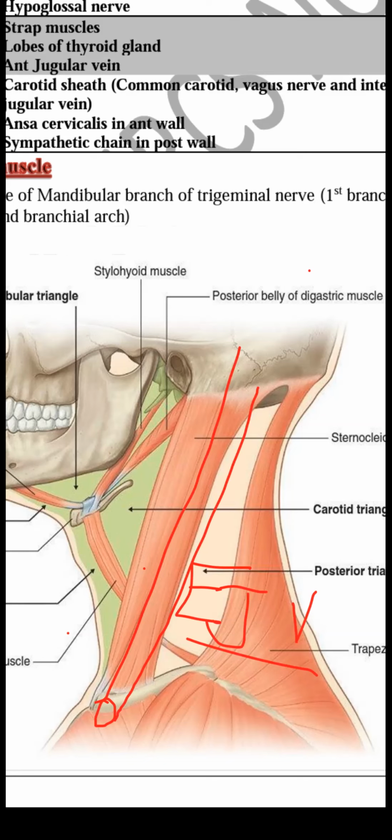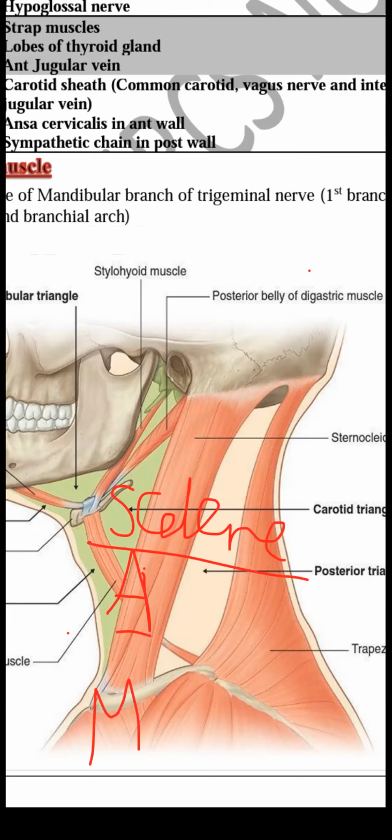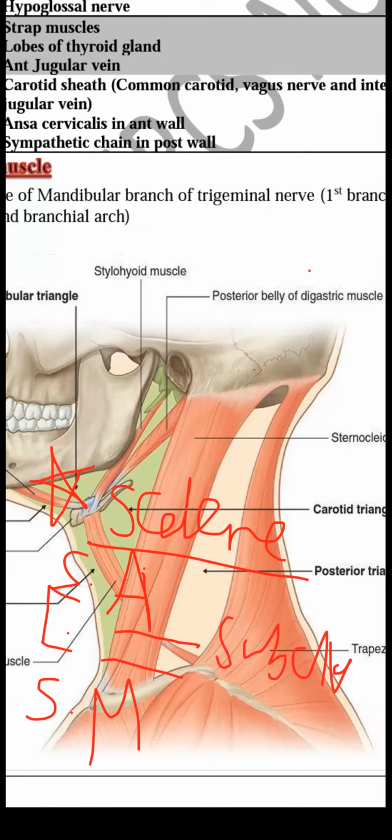You have here a structure found between scalenus anterior and the scalenus medius. Two important structures, and they are of very important surgical importance. Two structures are passing in between them. This is the subclavian artery, and the lower trunk of the brachial plexus.